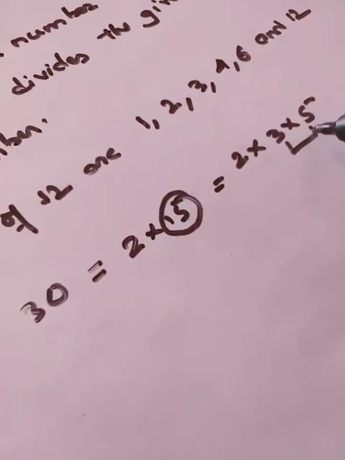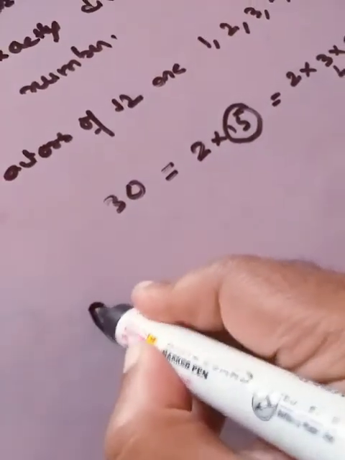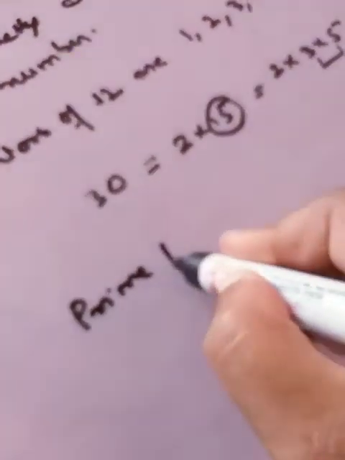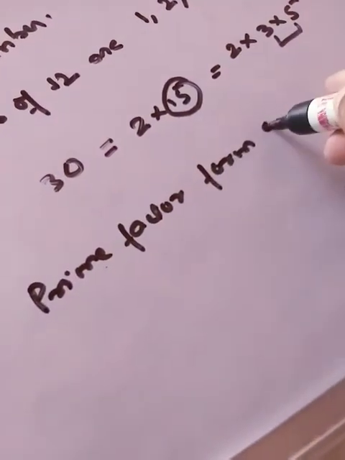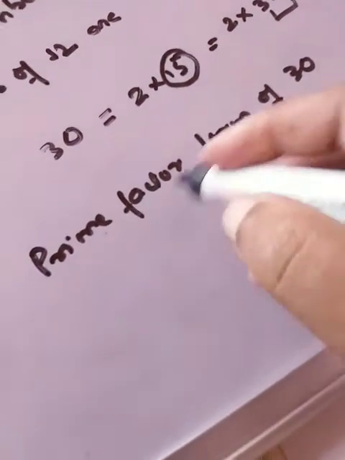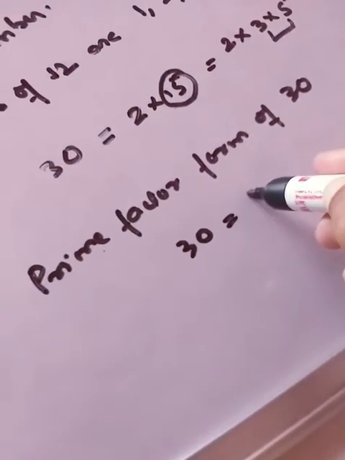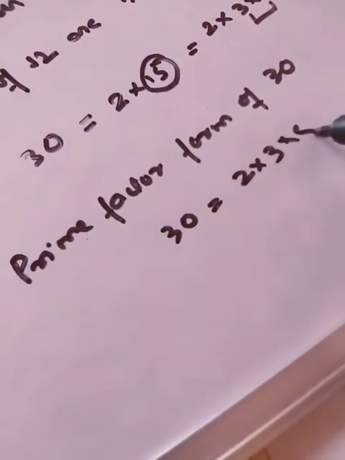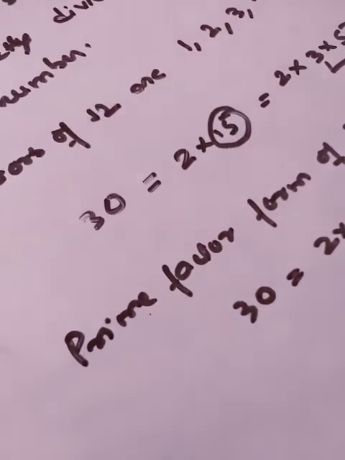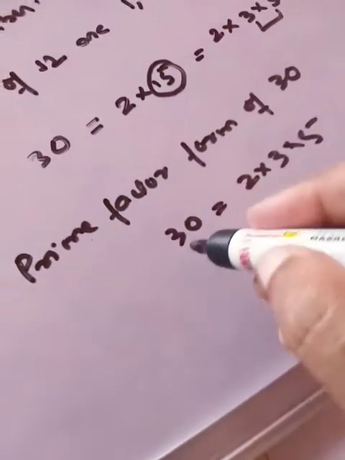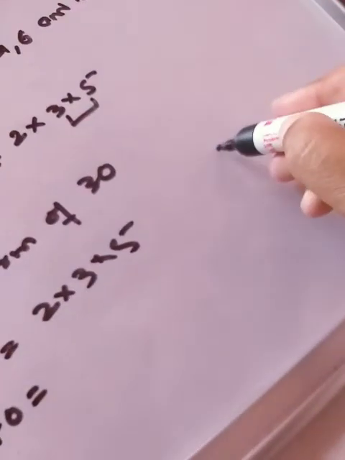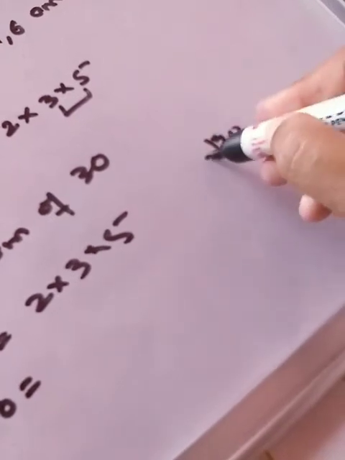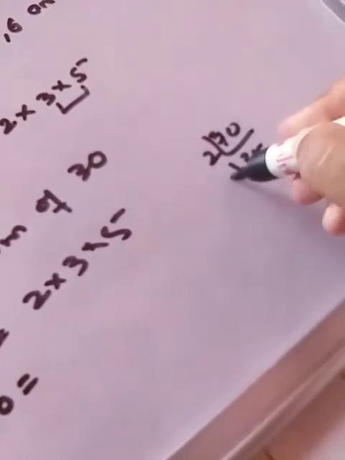Fine. So what is the prime factor form of 30? The prime factor form of 30 would be 2 into 3 into 5. Similarly, what is the prime factor form of 70? If you divide 70, you must have done prime factorization, that is 70, you see, 2 into 35, 5 into 7.